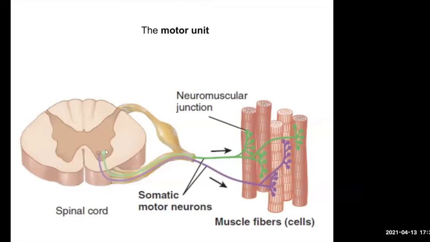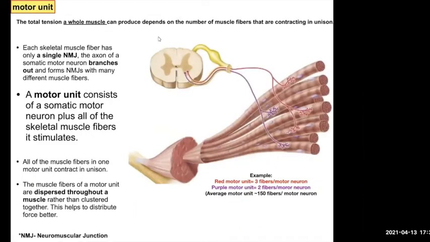If this one fires, it's going to cause this contraction right here. If this one fires, it's going to cause this contraction. The green one is going to be confined to these 3, the purple one to these. So the total tension the whole muscle is able to produce is going to depend on the number of muscle fibers that are contracting in unison.